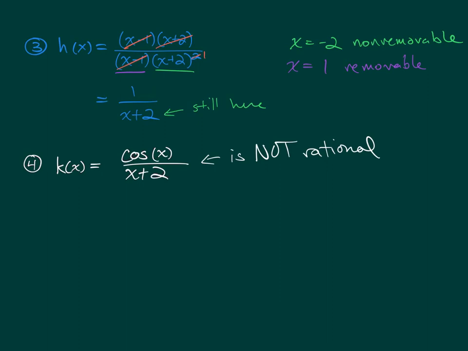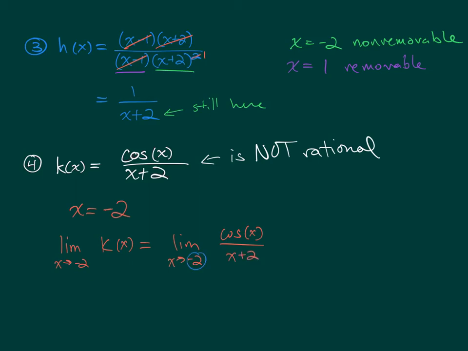Clearly, this function is not continuous when x equals -2. So what do we do? We take the limit as x approaches -2 of k of x, which is the same thing as writing the limit as x approaches -2 of cosine of x all over x plus 2.